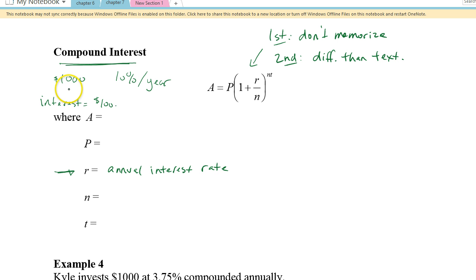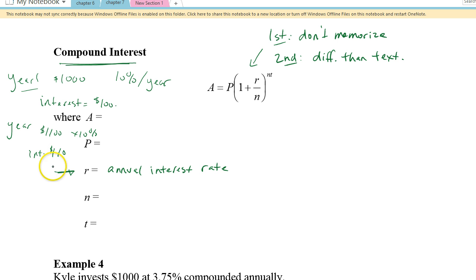And if you kept it in there more, you'd get 10% not of your original $1,000, but, so if this was year one, in your second year you would be getting interest off of this $1,100, and you get 10% of that, and so now your interest would be $110.